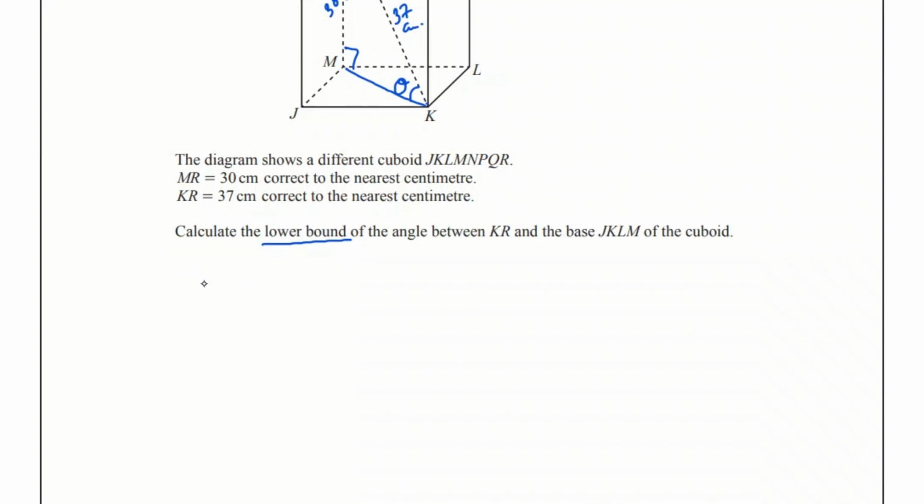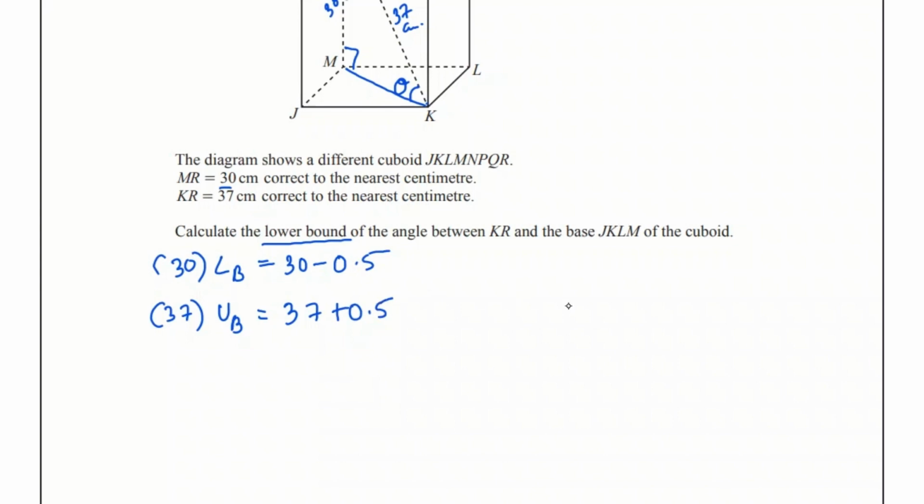So the lower bound of 30 will be 30 minus 0.5, and the upper bound of 37 will be 37 plus 0.5.